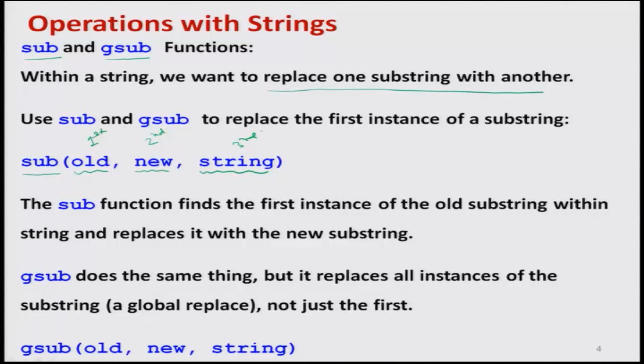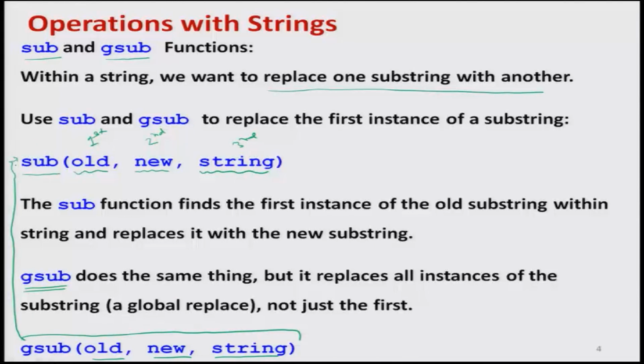And similarly, we have another function gsub, and gsub also has a similar syntax: older string, newer string and the string in which you want to do the replacement. So, you can see the structure of sub and gsub is the same, but then the question is what is the difference between the two?